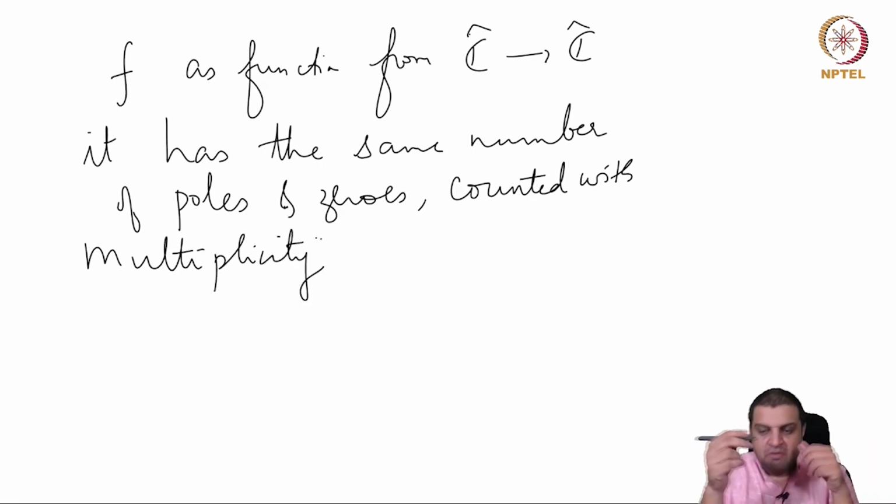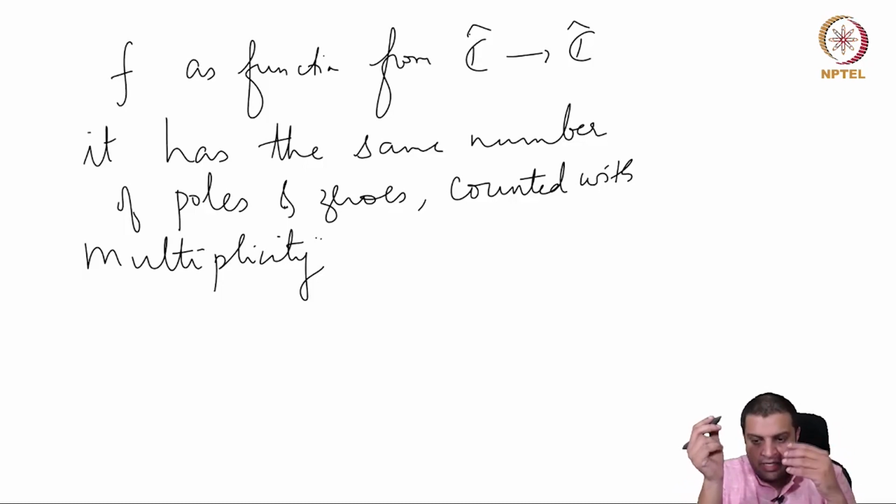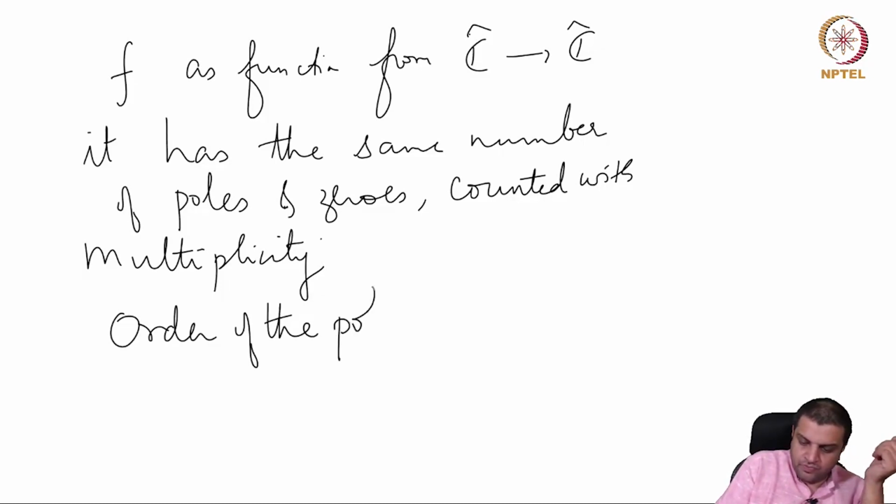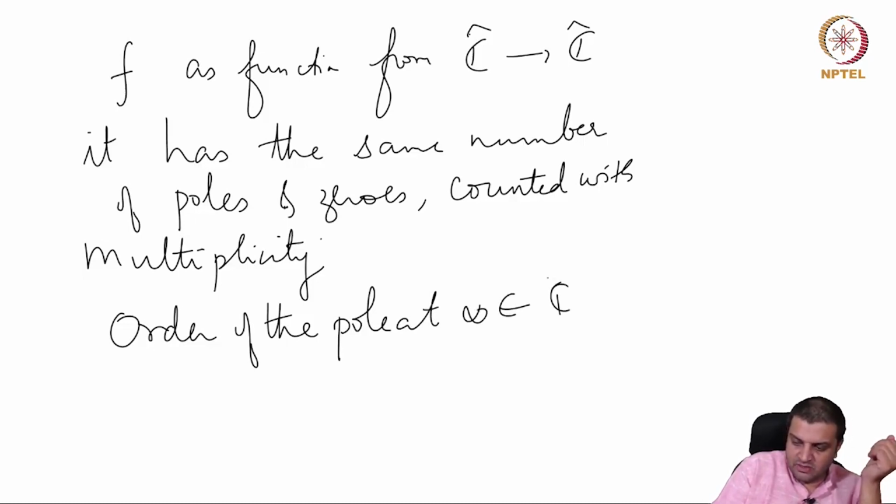If you have a polynomial of degree n around the point infinity, if you change coordinates, it would look like z to the minus n. So therefore, its number of poles is equal to the degree. The order of the pole at infinity is the degree of f.